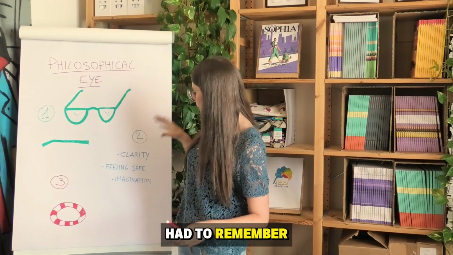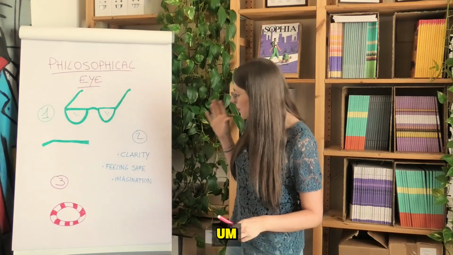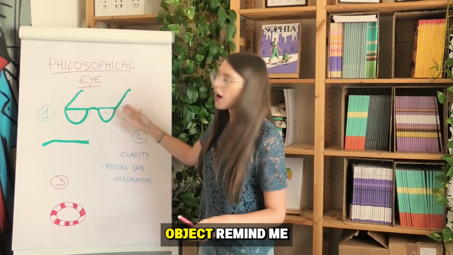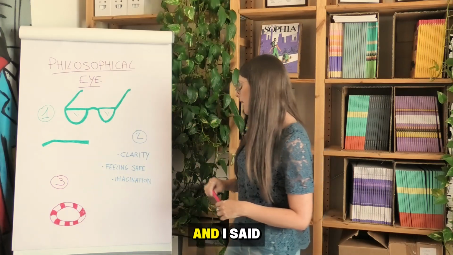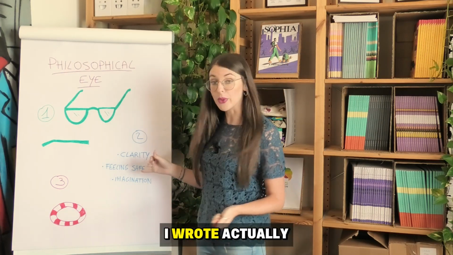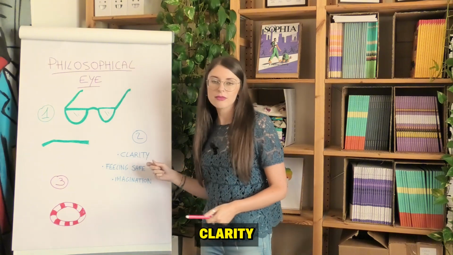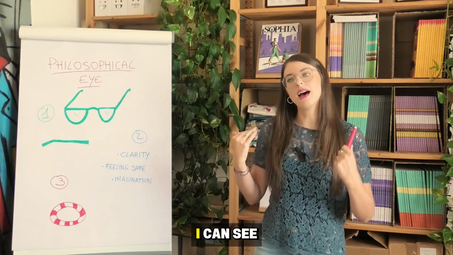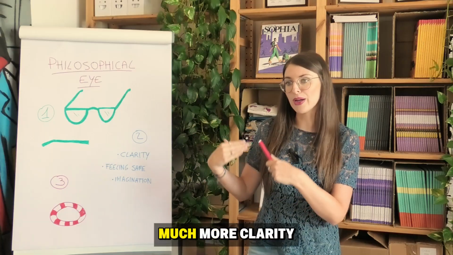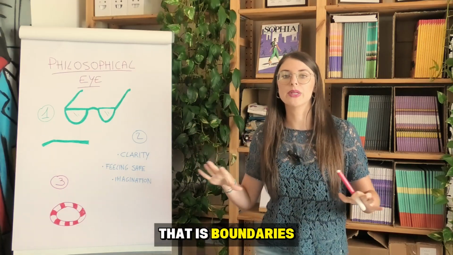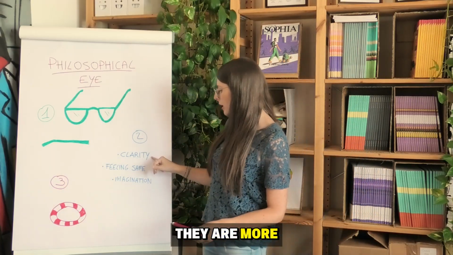That is, I had to think about ideas that the object reminds me of. And I wrote, actually, clarity, because through the glasses I can see the world with much more clarity. That is, boundaries are more defined, they're more clear.